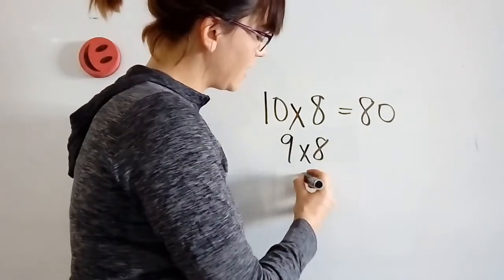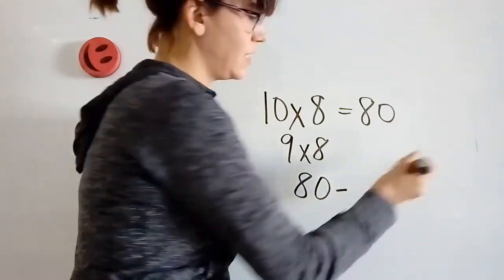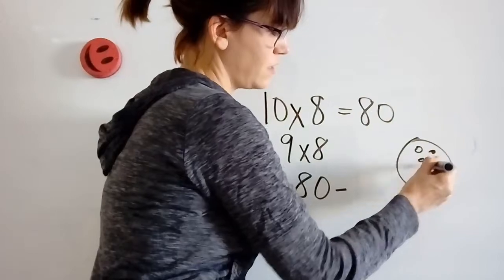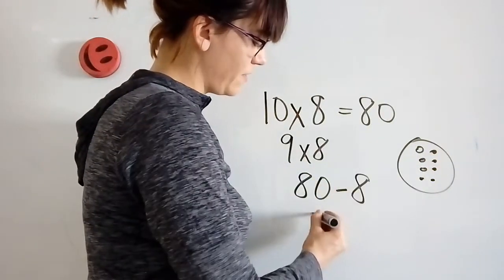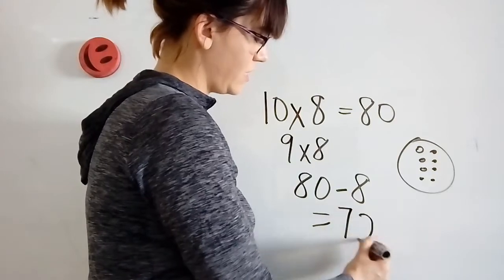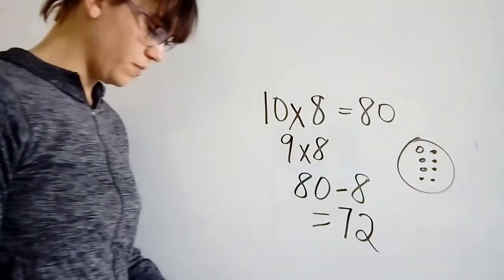So that would be like saying 80 minus 1 group of 8. So this is my group of 8. It has 8 inside. So you minus 8. The answer is 72. So 9 times 8 is 72.